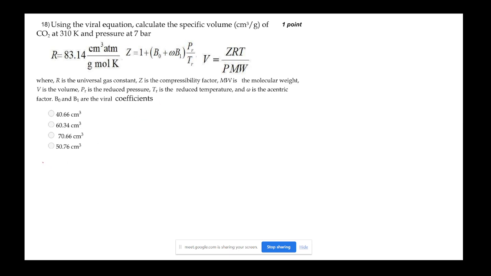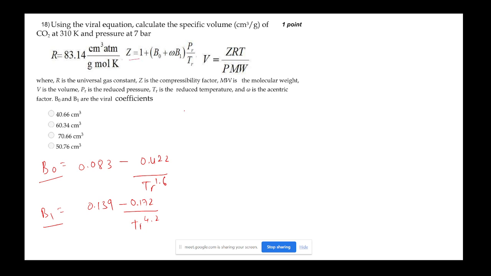For B0 it is 0.083 minus 0.422 by TR power 1.6, and B1 is 0.139 minus 0.172 divided by TR power 4.2. Now based on this correlation, you will calculate the values of B0, B1, which you will substitute here and find out the value of Z.